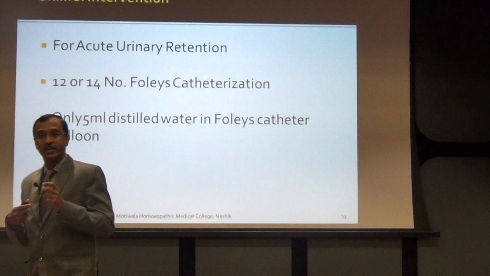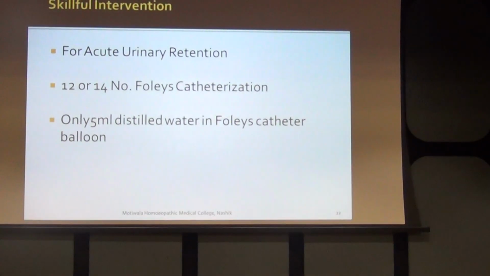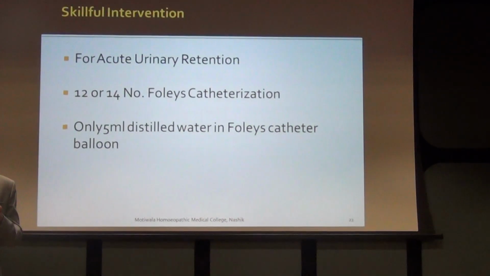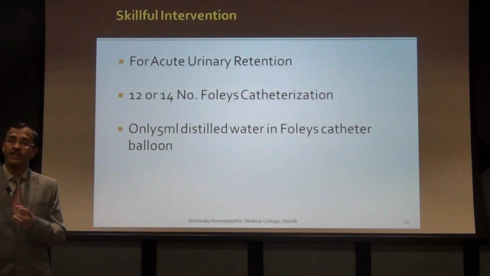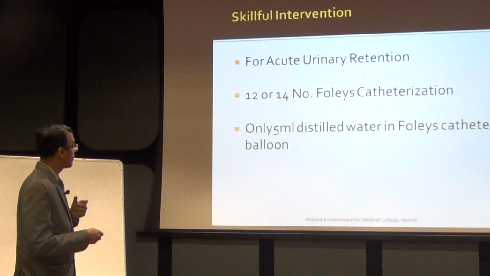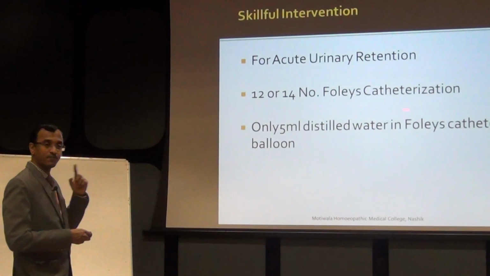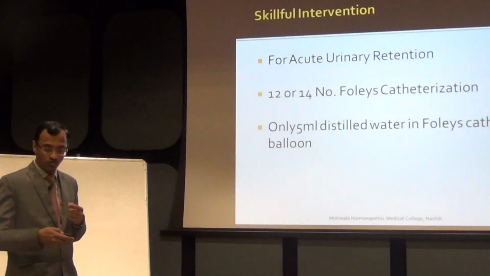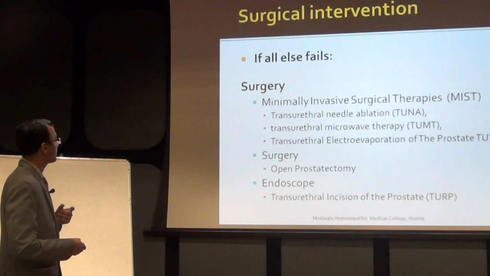Usually we instill 10 to 15 ml of water so that it has a self-retaining process. But here, in an acute urinary retention with prostatic hypertrophy, we have to instill only 5 ml of distilled water.